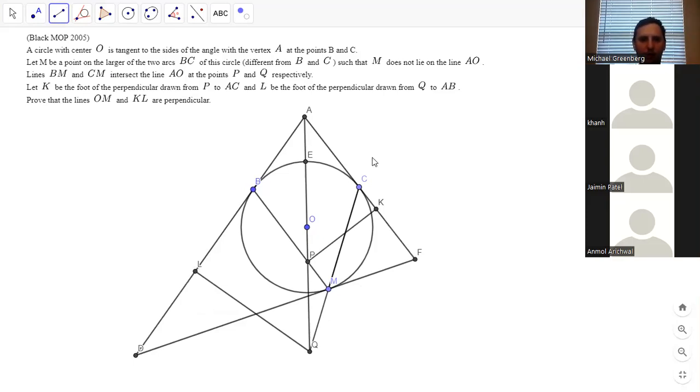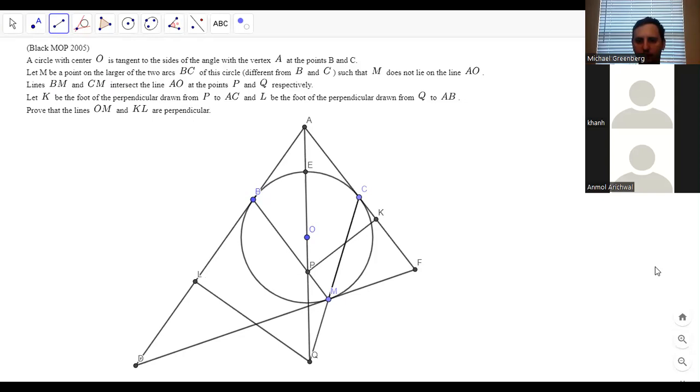So OM is perpendicular to DF. And so we could try to show DF is parallel to KL. That's one way we could do this. And does this use like the Iran lemma?